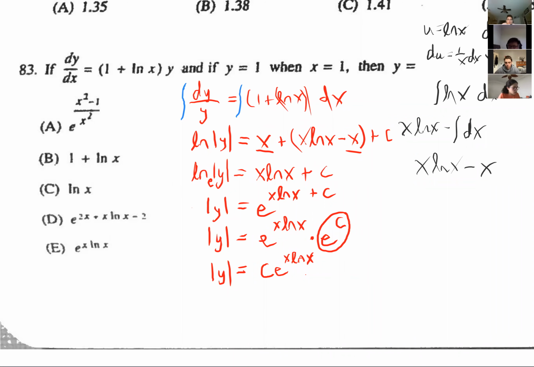Okay, so now I have y equals plus or minus, it becomes plus or minus c, which is still c. So that's how you get rid of the absolute value. Just make the other side plus or minus, but plus or minus c doesn't change. It's still a c.